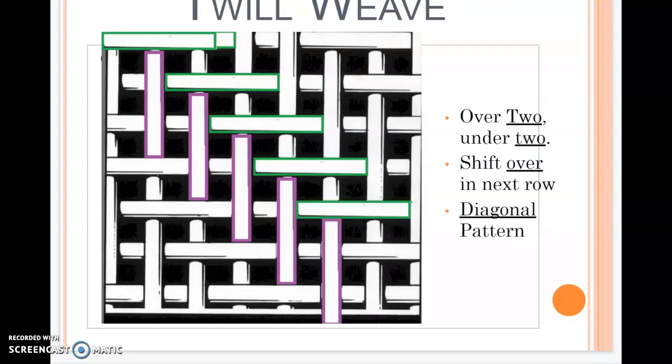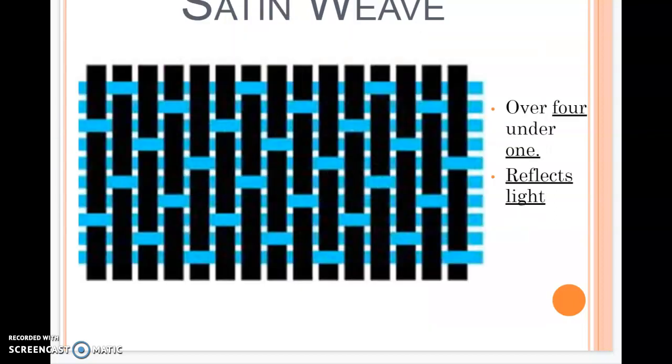Then we go on to our twill weave. And you can see here it's over 2, under 2, and then in the next row it's going to shift over. Okay, it creates this diagonal pattern, so you can kind of see the diagonal. And then our last one here is going to be a satin weave.